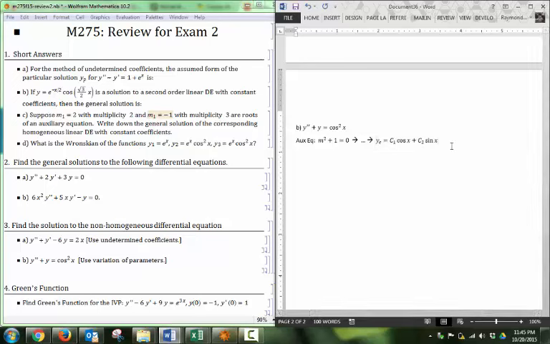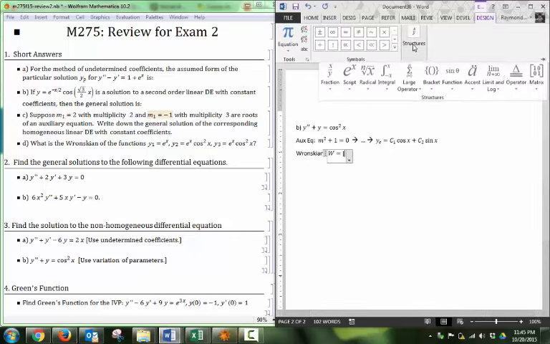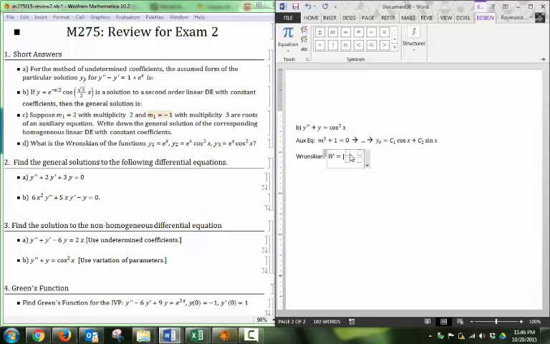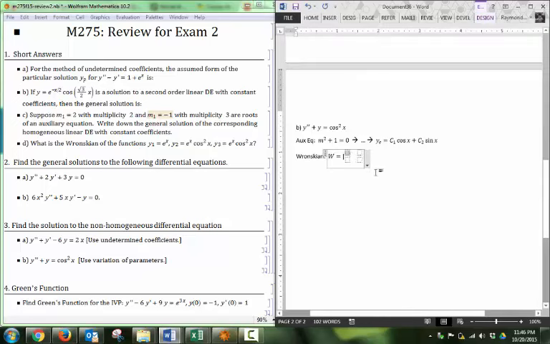So variation of parameters, we need the Wronskian, so we'll need a W equal to the determinant of a 2 by 2 matrix. Our 2 by 2 matrix is going to be the cosine and the sine. I put my cosine first, and so I'll have that first.